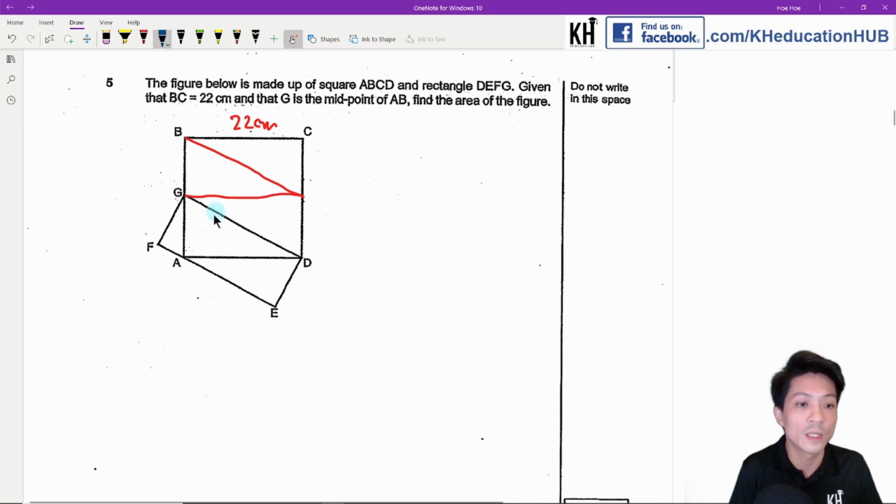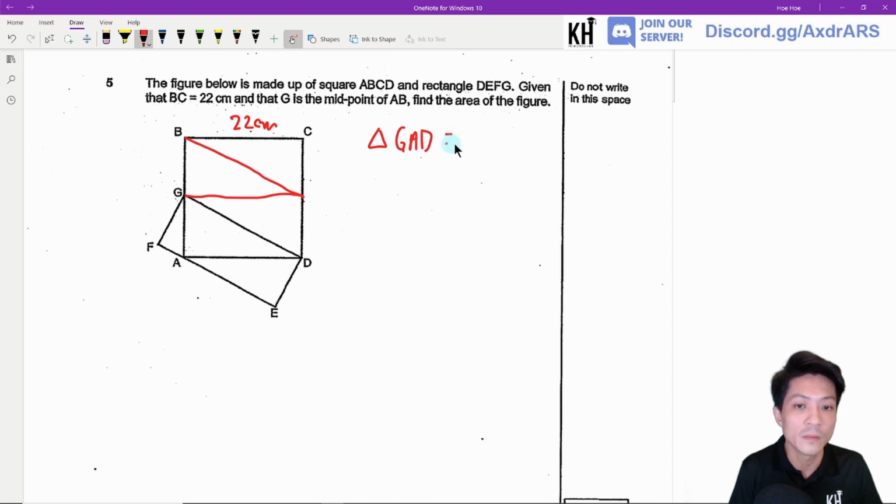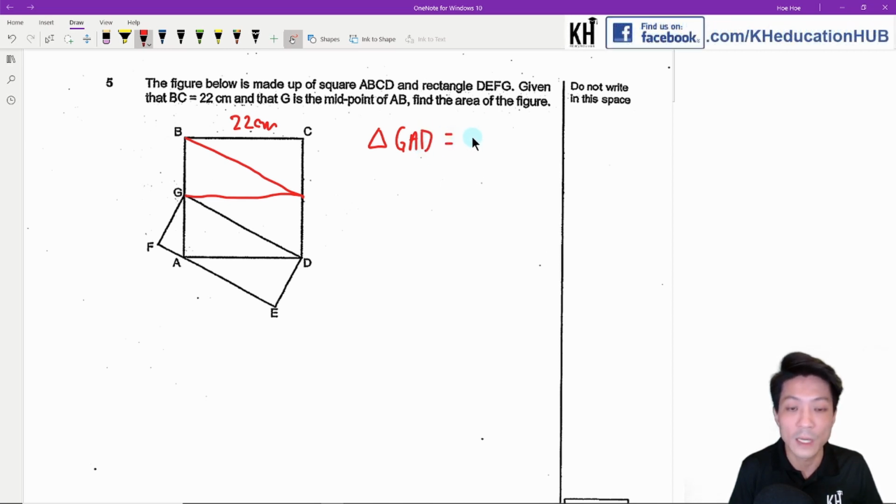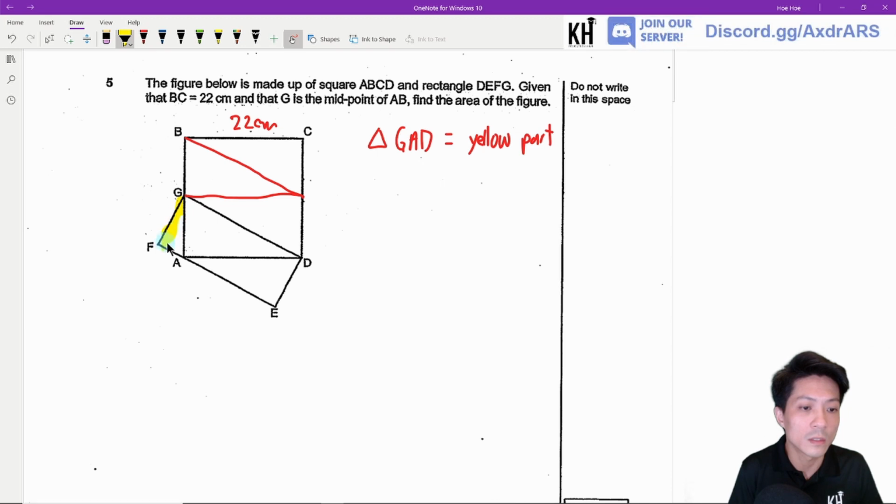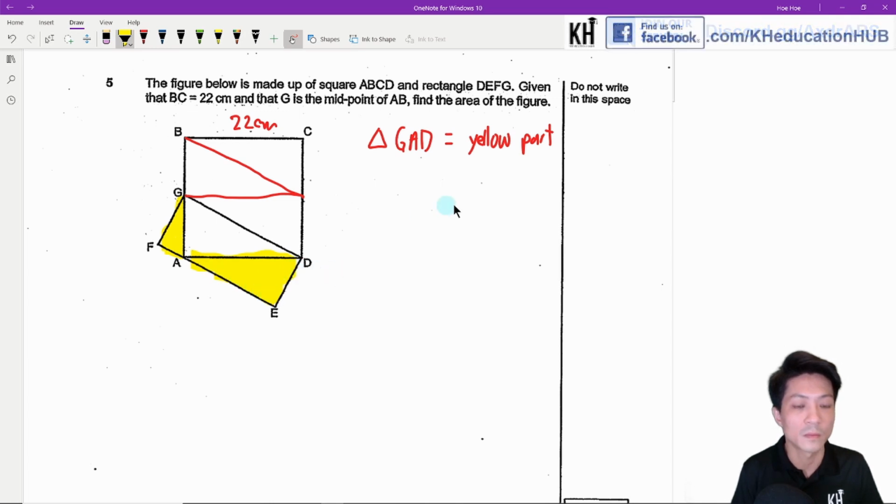The next thing you need to realize is, let me write down, triangle GAD is equal to the yellow highlighted part. I'm going to highlight, it is equal to this plus this. So if you realize this, this triangle here becomes one unit.